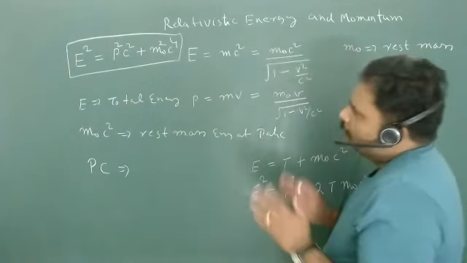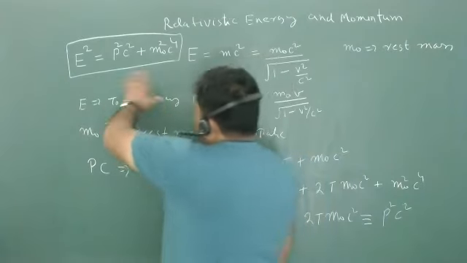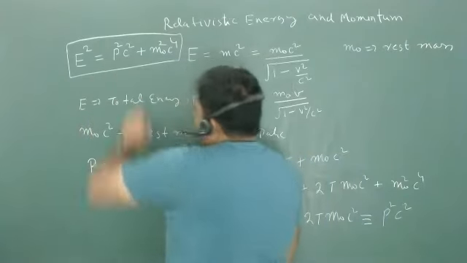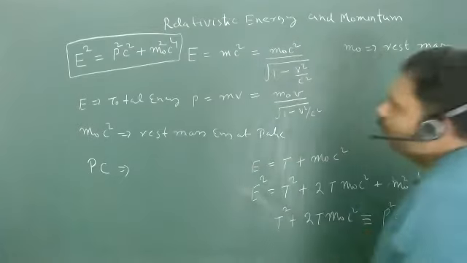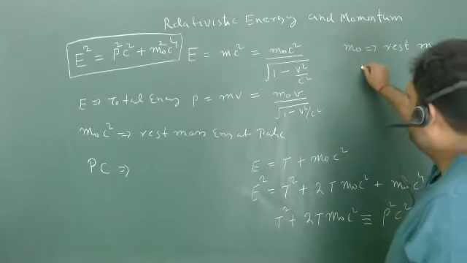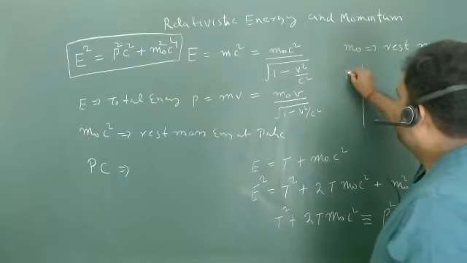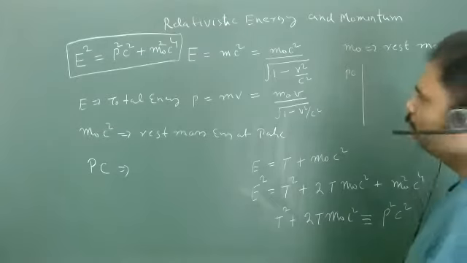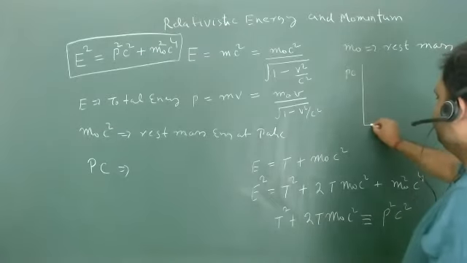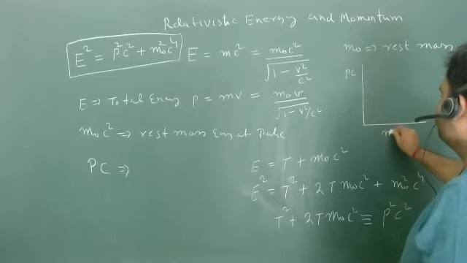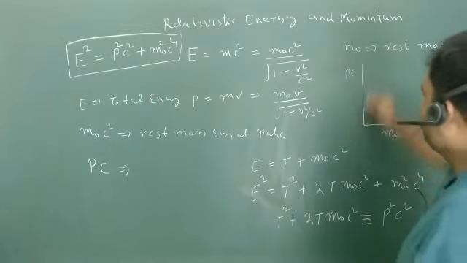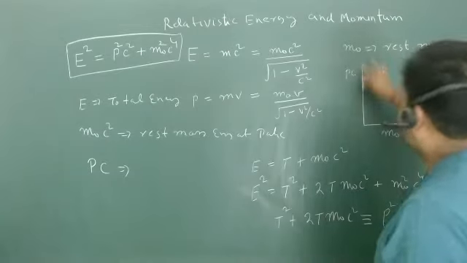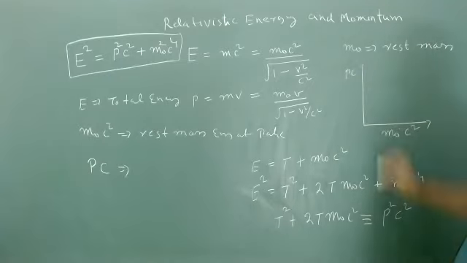Now let's see one beautiful concept behind that, and we can reach a wonderful conclusion here. Suppose I have this PC along the vertical axis, and the rest mass energy m naught c square along the horizontal axis.